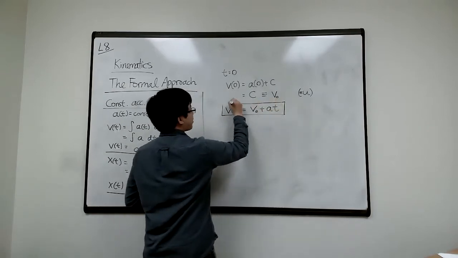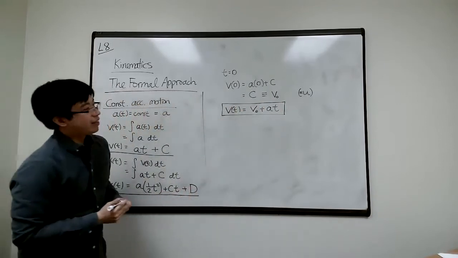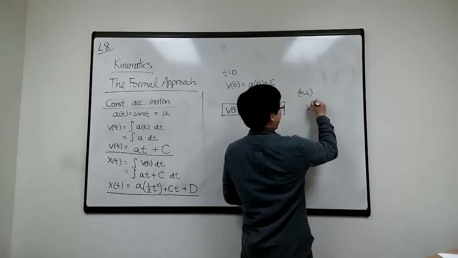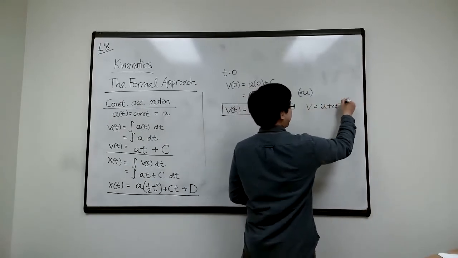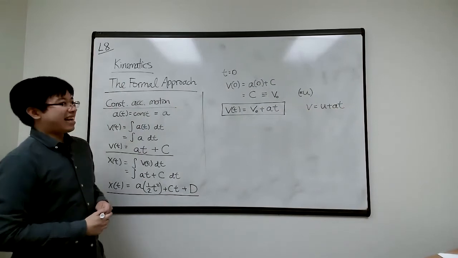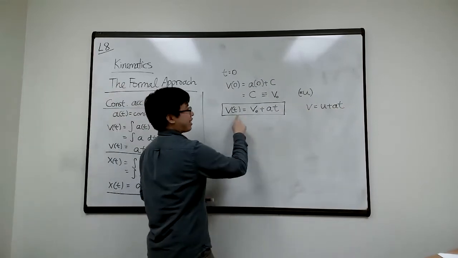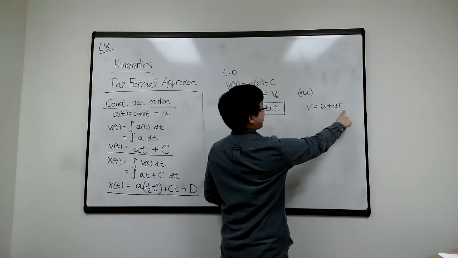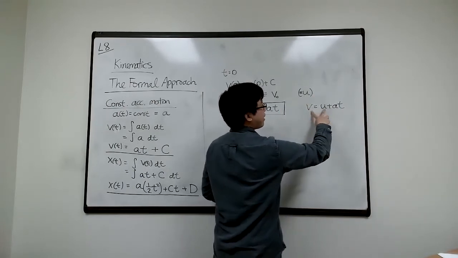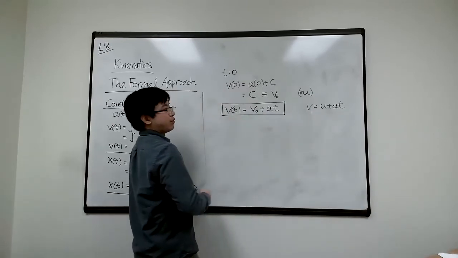If you plug in the final time, that will be the final velocity. Does that look familiar? Now you might recognize, hey, I remember that. That's v equals u plus at, right? So that's exactly the same thing. But here we basically just talked about the final time, and that's the final velocity, and initial velocity like that.